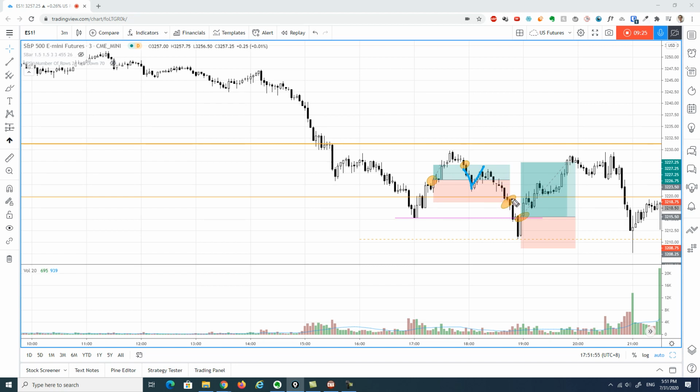This is one thing that I think I could improve regarding the exit, because right after the failure to commit above, maybe somewhere around here or even slightly above, I could just have exited my trade rather than waiting for a full -1R stop.